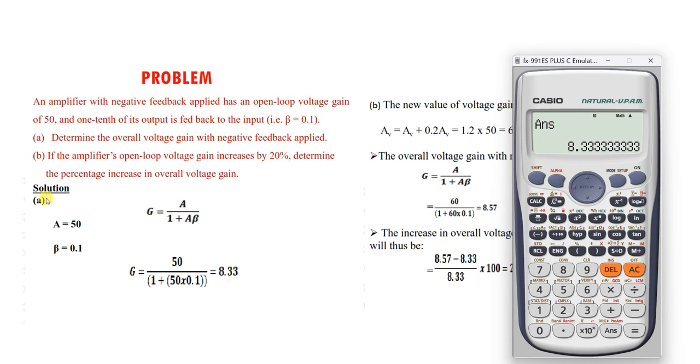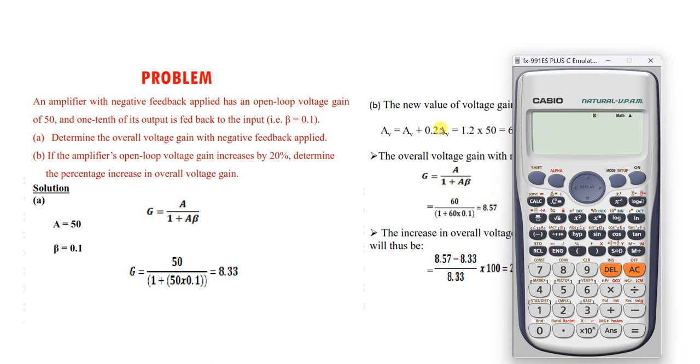Next, part B. If the amplifier open loop gain is increased by 20%. Original gain is 50. If you increase by 20%, 20 divided by 100 is 0.2.